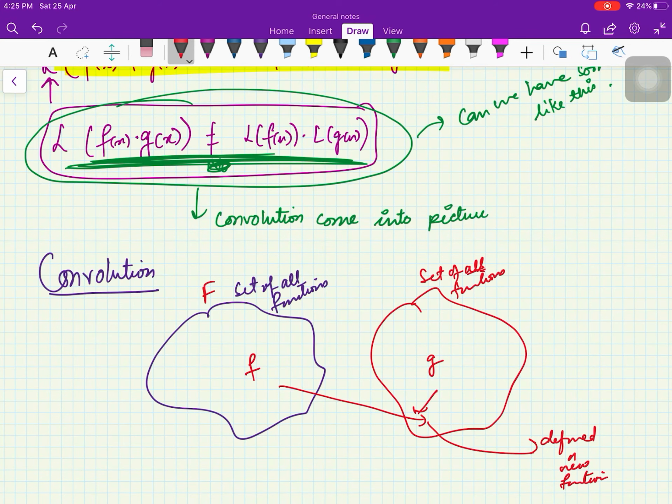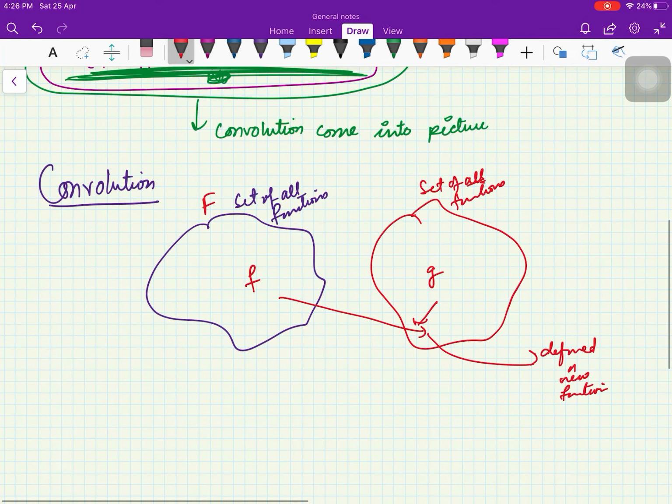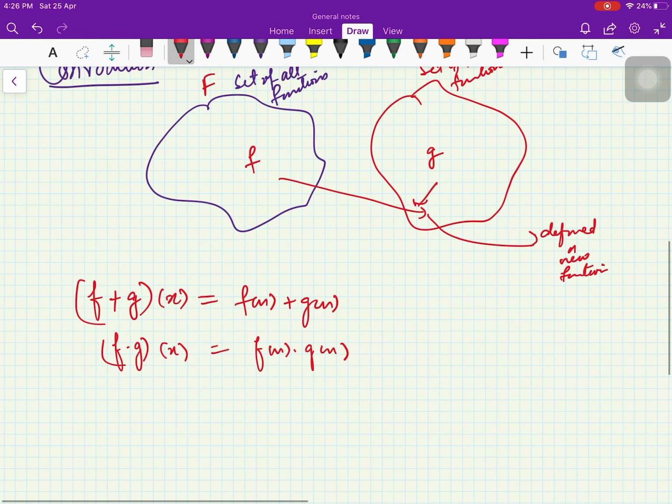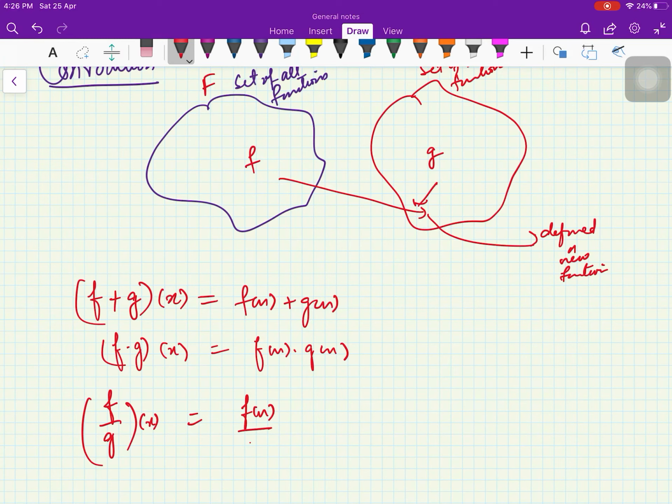Can you think of anything you already know where you use two functions to create a new function? We know that we can have f plus g as a new function, where f plus g is equal to f of x plus g of x. F dot g is a new function, f of x into g of x. I can have another function like f divided by g, defined only where g of x is non-zero.